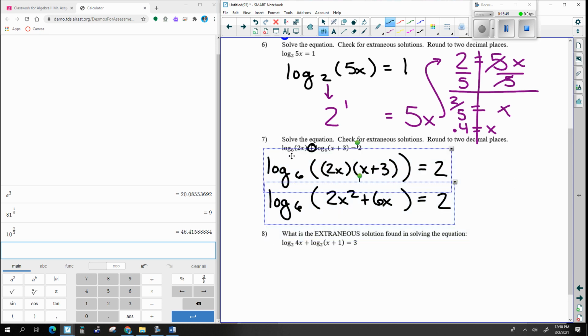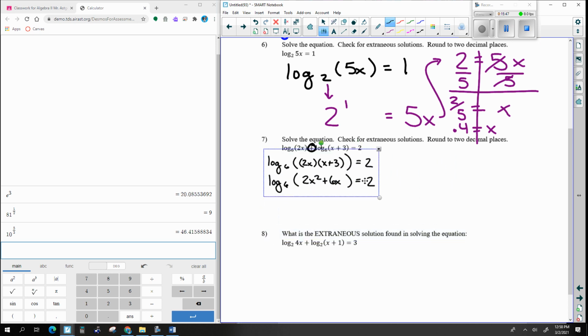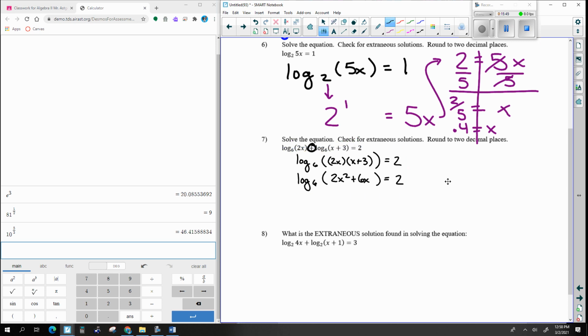So the base is the base, and then everything switches sides. Okay, so this is, long story short, 36 equals 2x squared plus 6x.